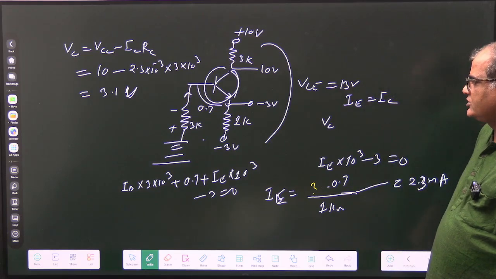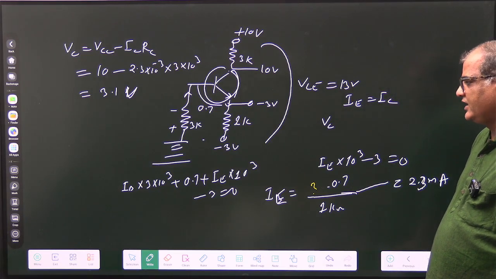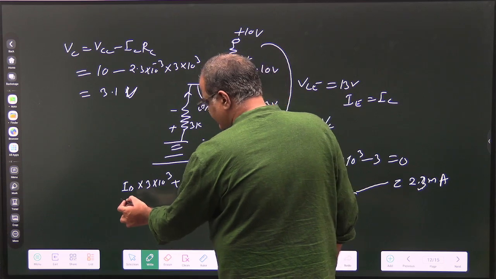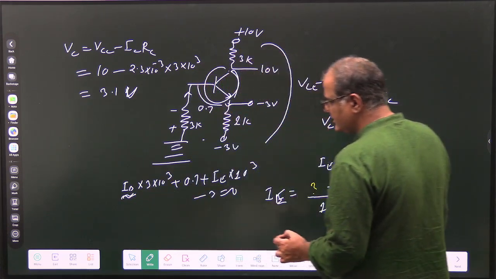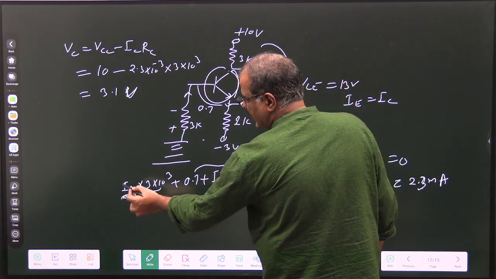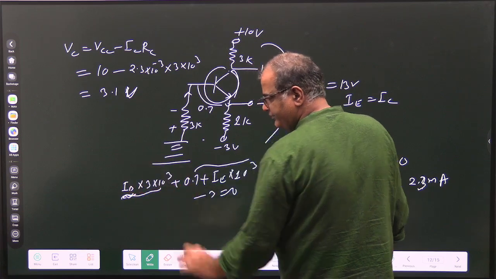Now the question says that because beta is very large, IB is negligible. Compared to this part, I can neglect this IB because IB is in microampere.